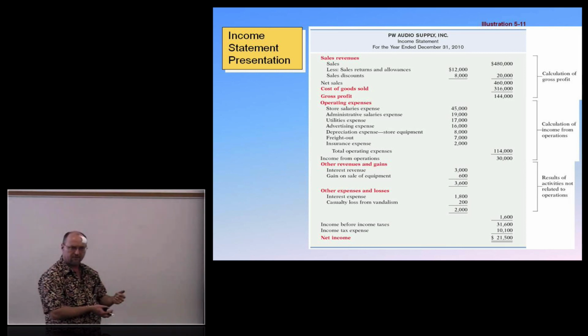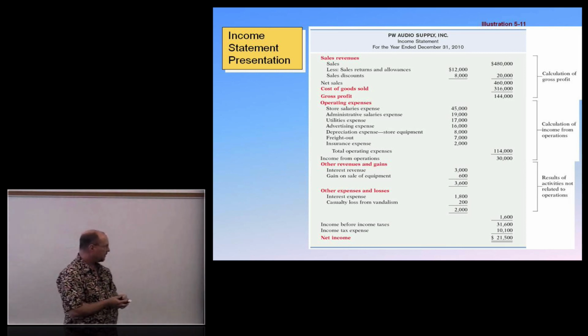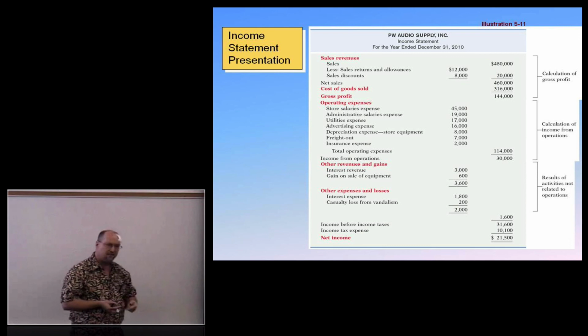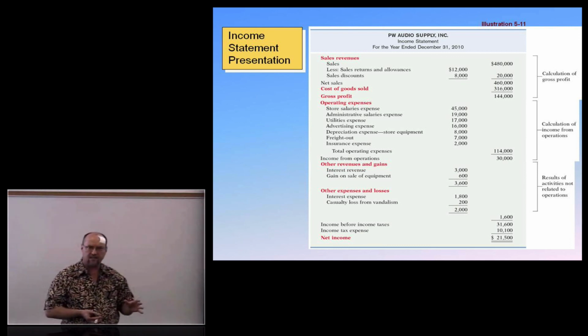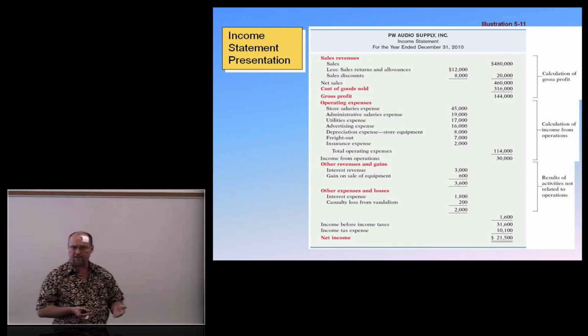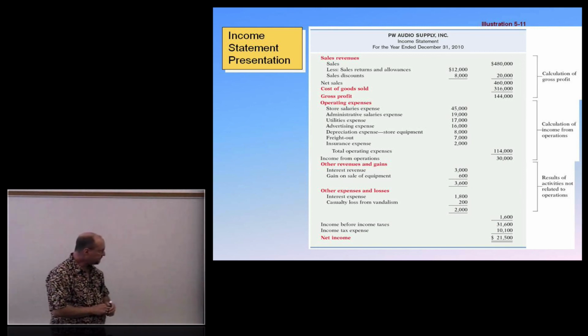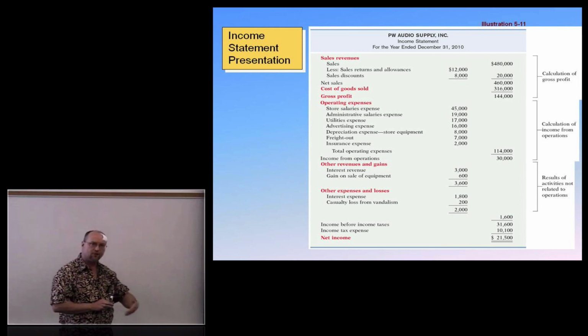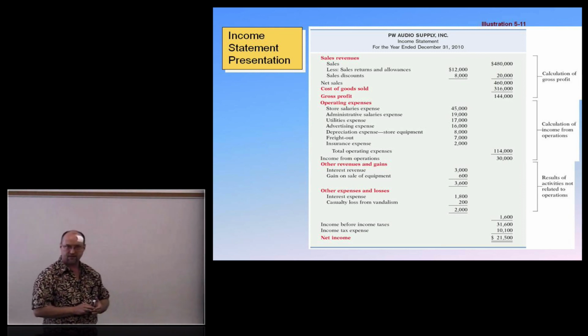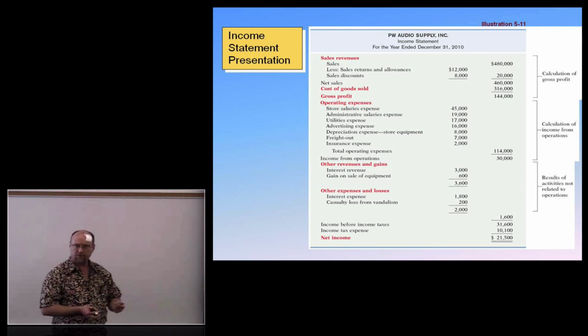central operations. Below income from operations, we still have to account for other activity, which is normal business activity, but it doesn't happen as frequently. For example, I may have some excess cash that I keep in an interest-bearing account, and therefore I would earn interest revenue or interest income.